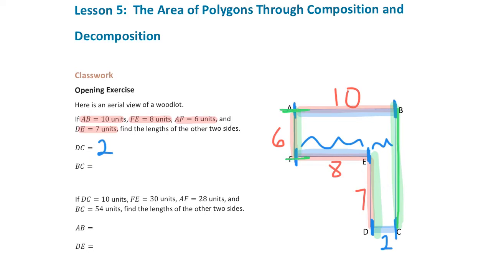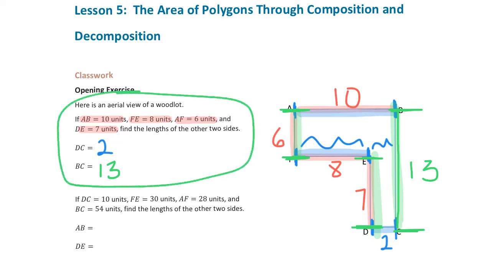This section right here that is 6, plus this section right here that is 7, when I put those together, I get this distance right here. So 6 plus 7 is 13. And that's how I'm able to use the measurements on the other sides in order to figure it out. So that's this problem right here.